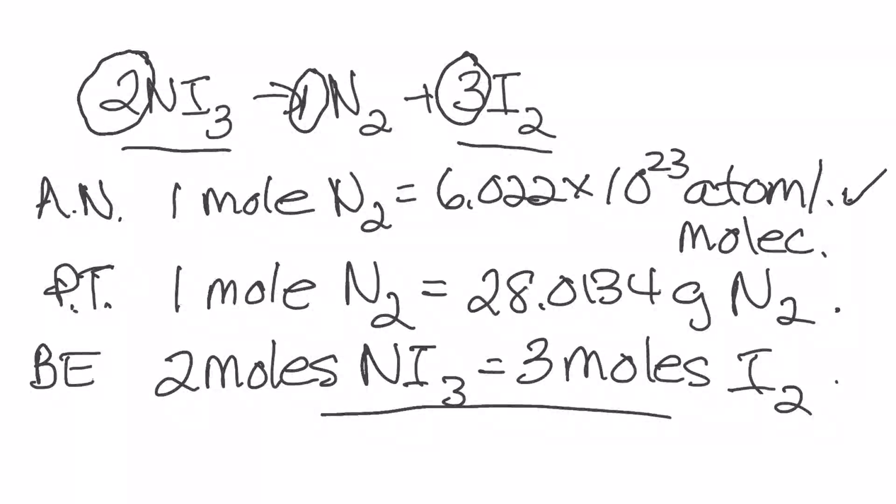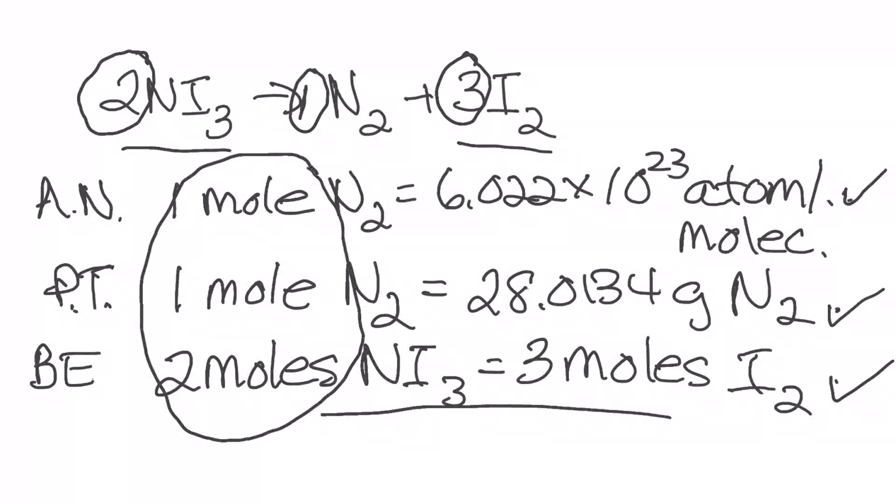If the problem involves grams, like you're given grams or you want to find grams, you want to use this one. If the problem involves different elements, so if you are changing from one chemical to another, you need to use the balanced equation.